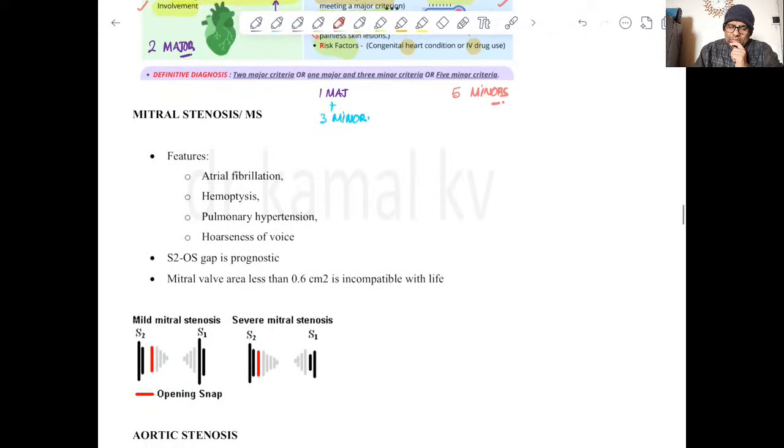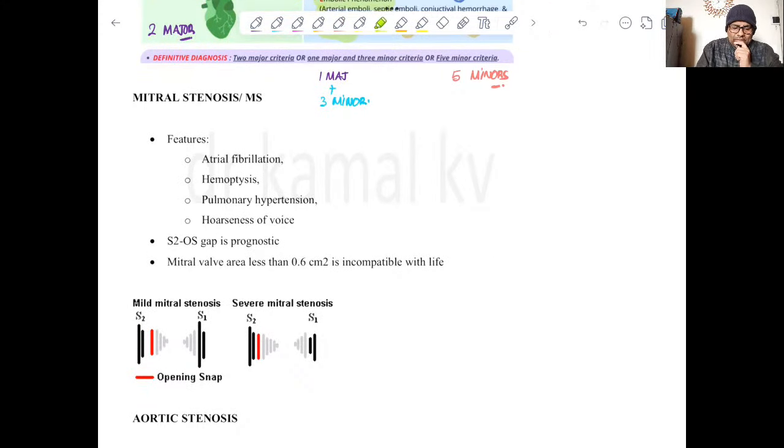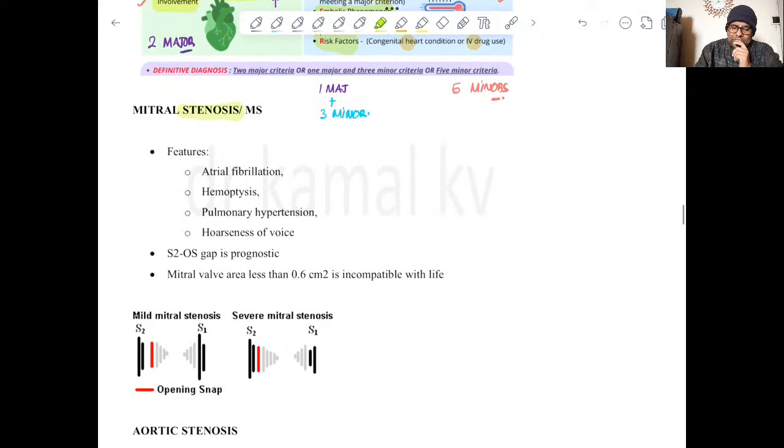Then moving forward to some valvular conditions, and the classical one is, in fact the most common condition which you will see in clinical practice, is mitral stenosis, and most cases are secondary to rheumatic fever, of course. Now this condition presents with complications. It can be AF, where the heart rate is more than 350 beats per minute. Clear?